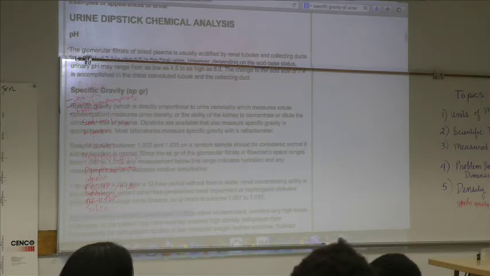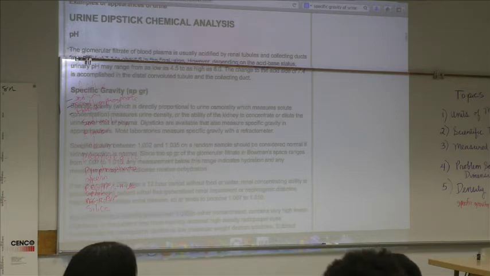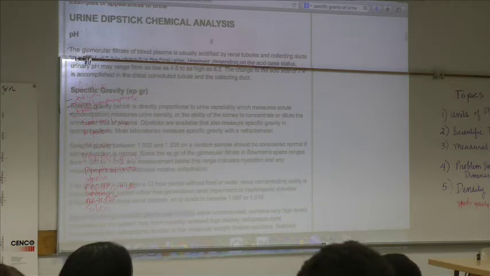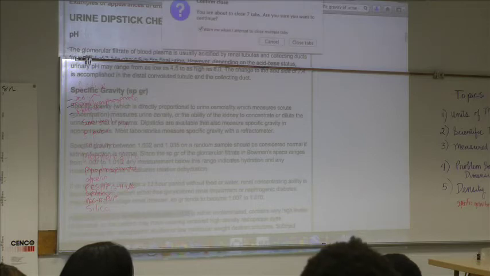Because you can actually see it, right? Especially those that are sick, it's even more dense. Okay, any questions on specific gravity and density?